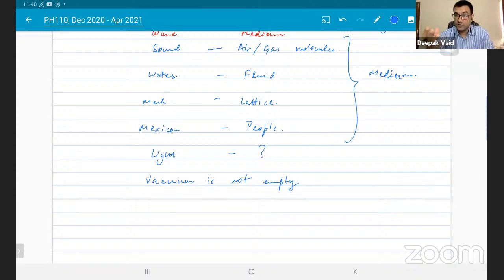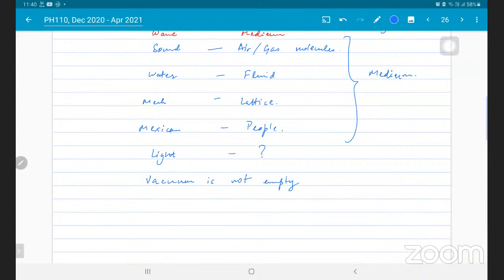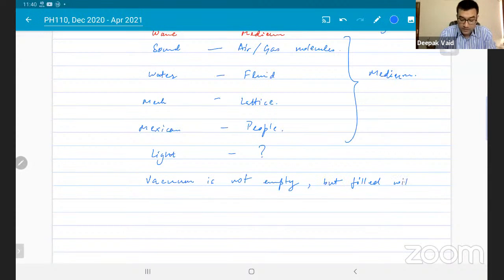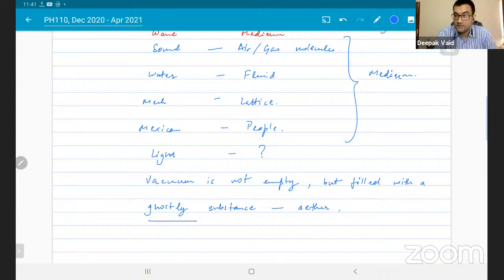It's not visible. You cannot do any optical or mechanical experiments to test for the presence of this material. So it's filled with some ghostly substance, and this substance was therefore referred to as the ether.